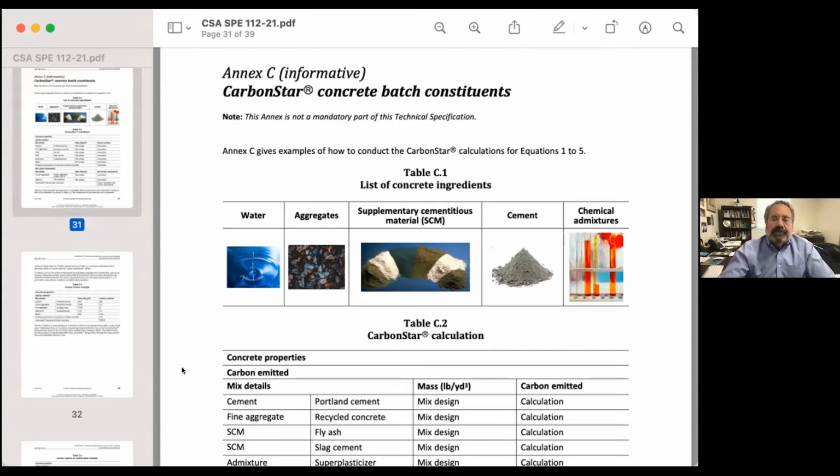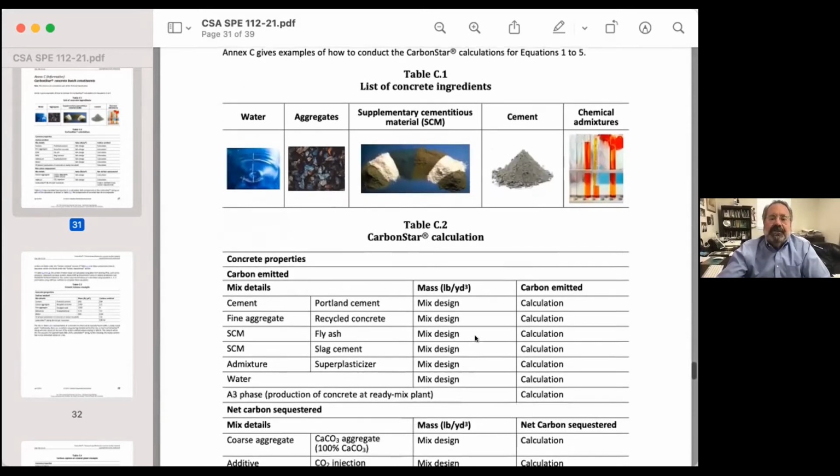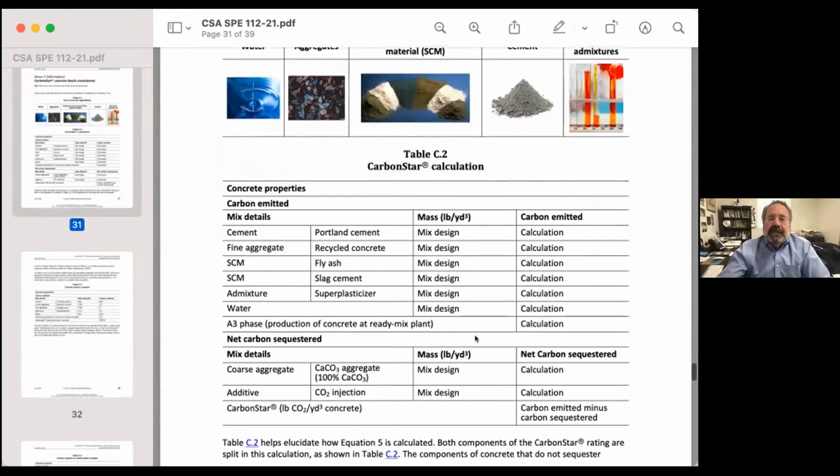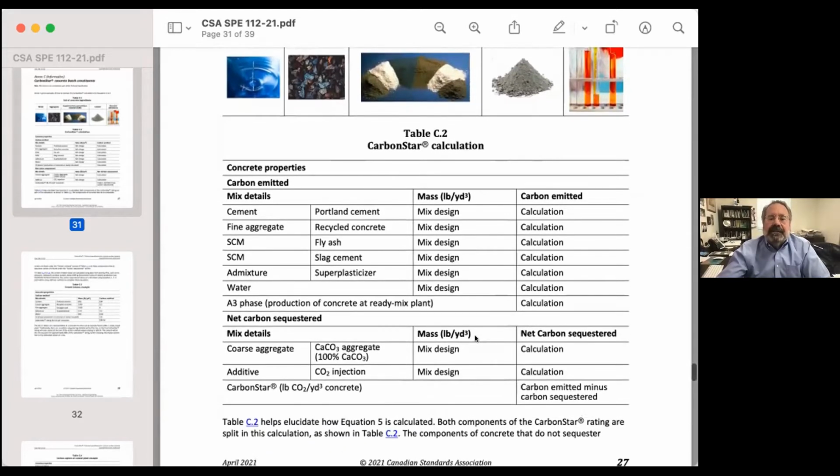Now, when we look at concrete, it consists of water, aggregates, and sand, and it has the capability to hold quite a bit of CO2 or produce CO2. So if we look at an average yard of concrete, we can see how a CarbonStar calculation is put together.